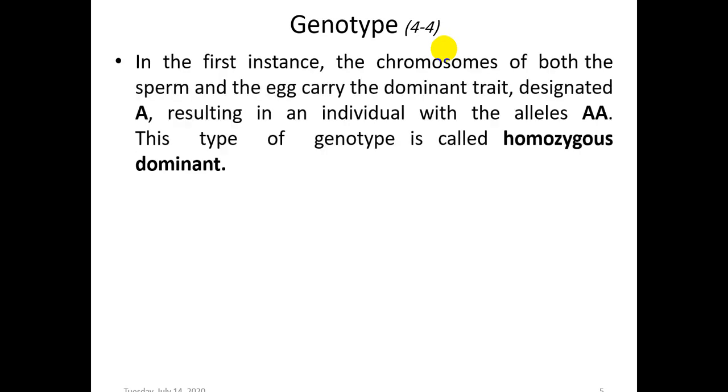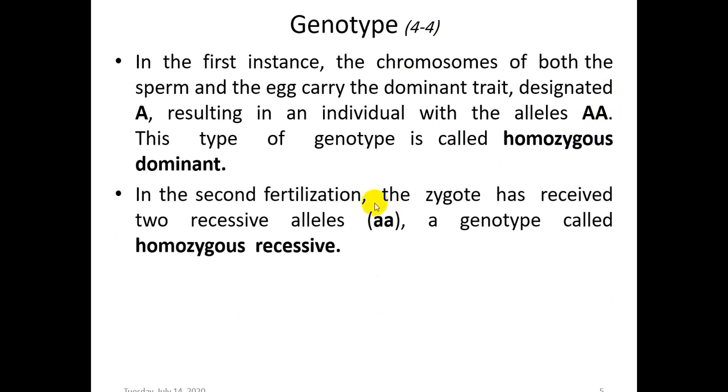there are 3 possibilities. Either A from the father and A from the mother, and this is homozygous dominant, or it could be homozygous recessive, a from mother and a from father, and of course this one will be without pigmentation, while this one will have pigmentation.